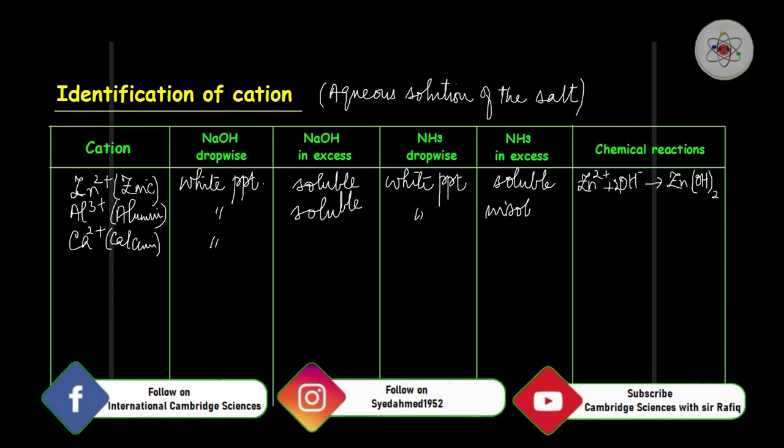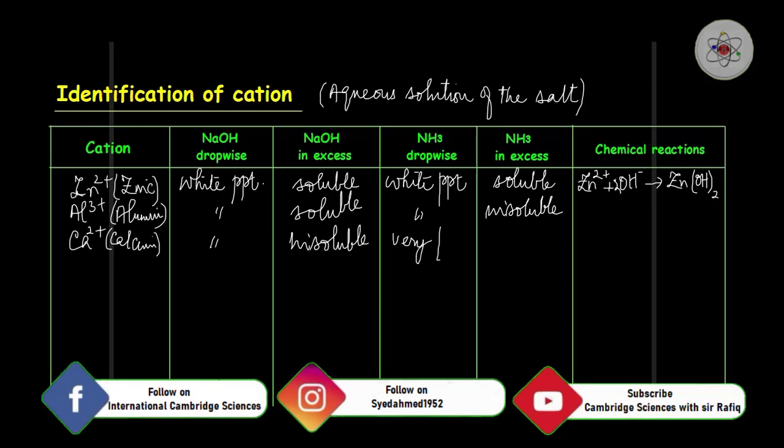So if the precipitate is insoluble, we will say aluminium is present in the salt. If it is soluble, we will say that zinc is present. Okay, so if calcium is there, in excess of sodium hydroxide the white precipitate of calcium is insoluble, so it distinguishes calcium from zinc and aluminium.